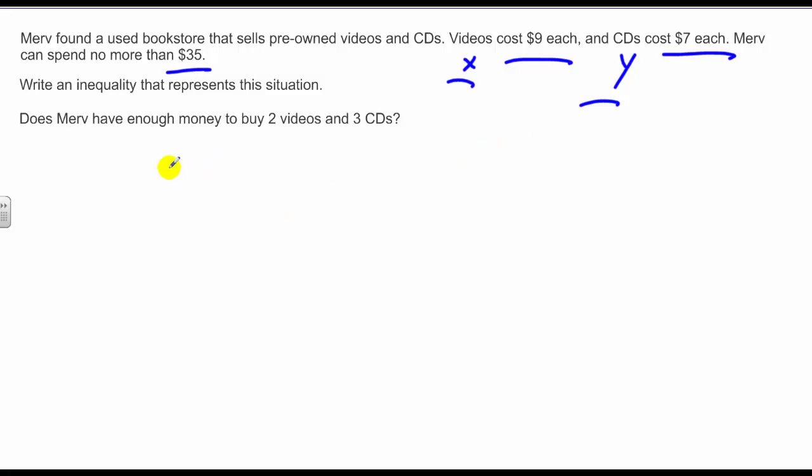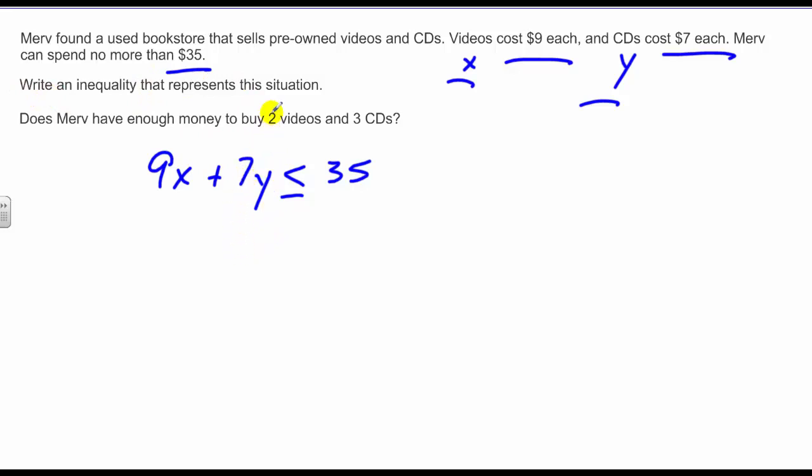I take the cost, which is $9 each, and multiply it by the number of videos that I have, 9x. Then if I want the total cost, I add to that the CD cost, which is 7 for every CD. And I have to spend no more than $35. So that's less than 35, but it could equal 35. So it's less than or equal to.